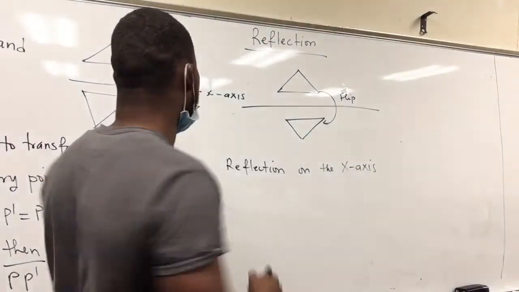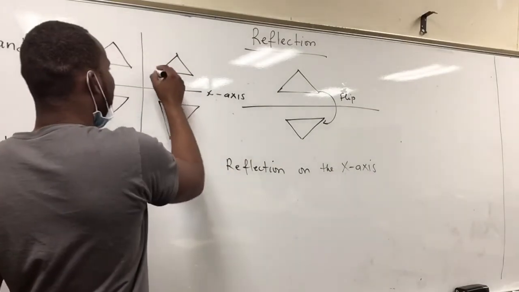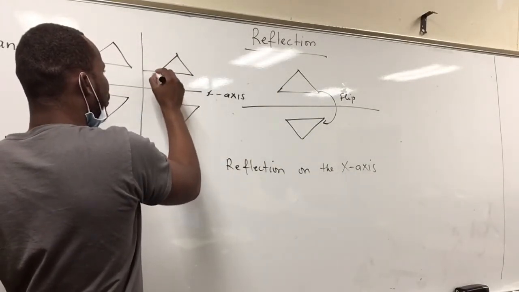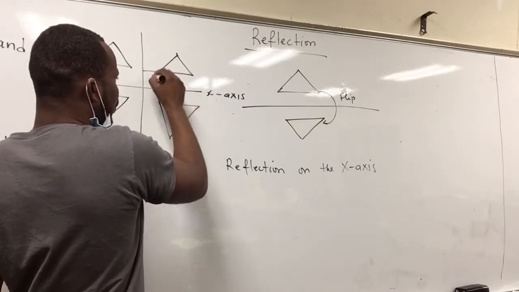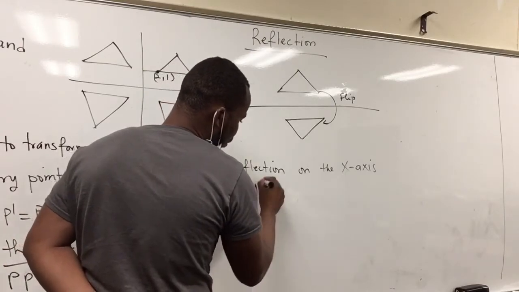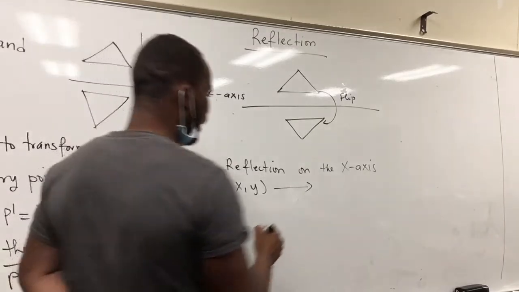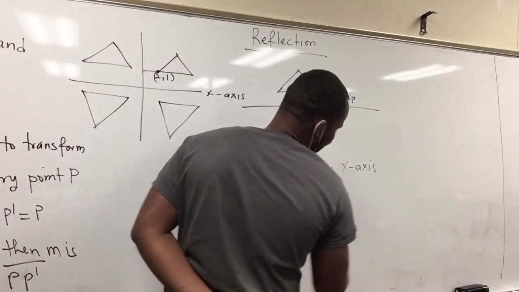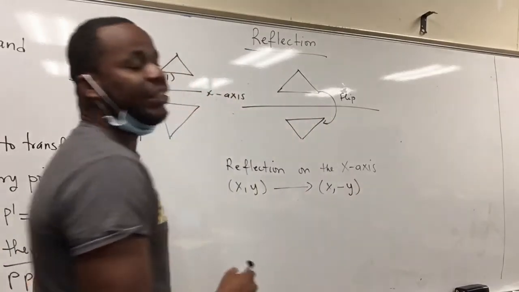Now let's use some point. Any point I see here, maybe this point is 2 and this is positive 2, so (2, 1). If you have a point (x, y) and it's reflected on the x-axis, nothing changes with the x, but the sign on the y changes.